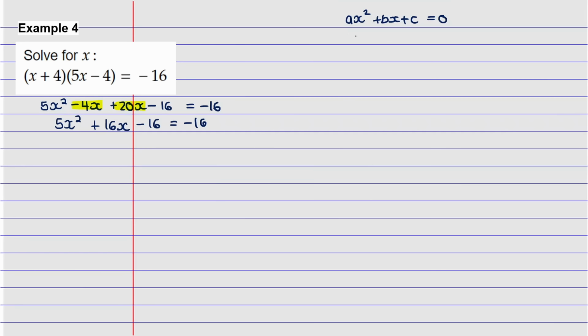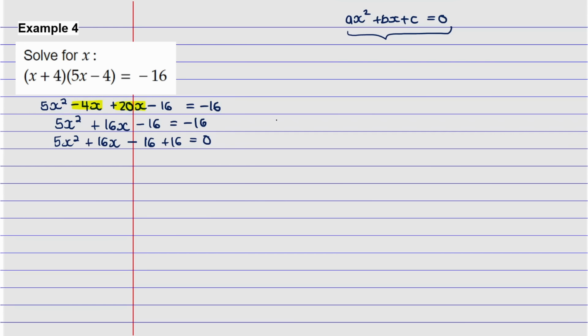Remember that we need it in this form, meaning I need to get rid of this negative 16, take it to the other side so that we can have a 0. So we're going to have 5x squared plus 16x, then minus 16, then plus 16, and this is going to be equal to 0, right?